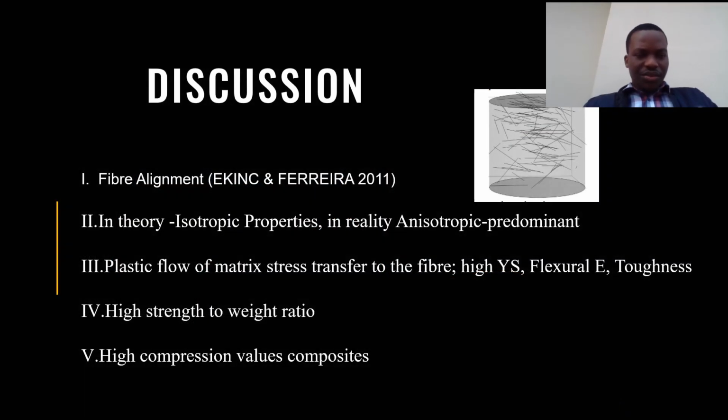In the discussion, we realized that under fiber alignment, Ferreira in 2011 discovered that 50% of the fibers are oriented at a 10-degree angle from the horizontal, such that we could end up concluding that in reality most of the fibers are arranged in an almost horizontal manner, as compared to the theoretical assumption that all the fibers are arranged in a haphazard manner.